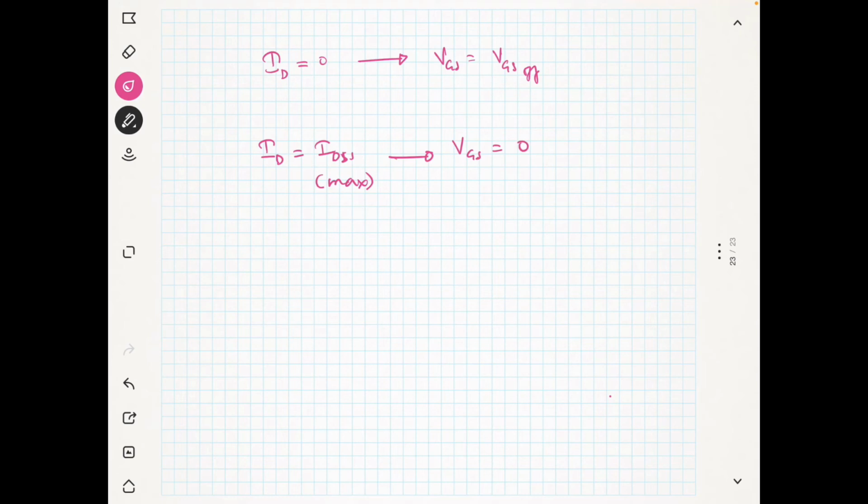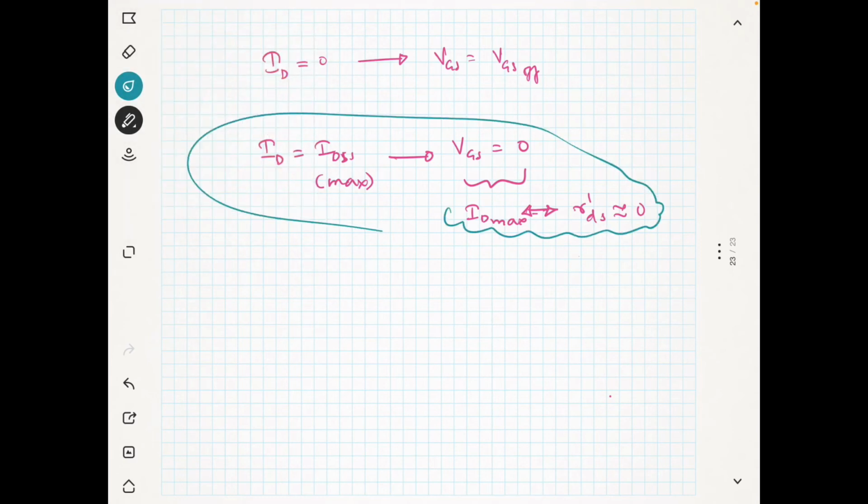So if you give VGS as 0, ID is maximum. ID is maximum means that whenever the current is maximum, the resistance is minimum. That means our RDS is approximately 0 or very small. Now what about when ID is equal to 0, when the drain current is equal to 0?